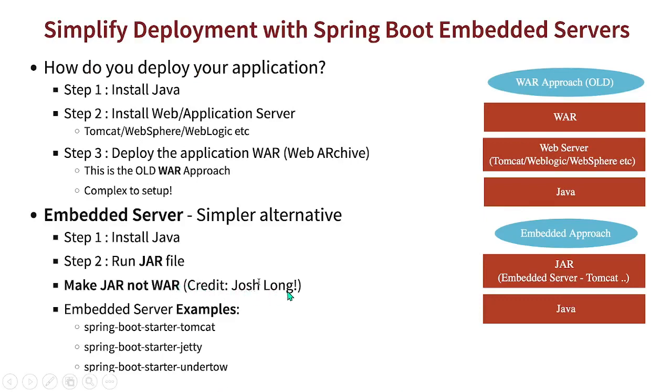Josh Long, the advocate for the Spring Framework and Spring Boot, has suggested using jar instead of war. The default embedded server in Spring Boot is Tomcat. Other embedded servers, like Jetty and Undertow, we can also configure.